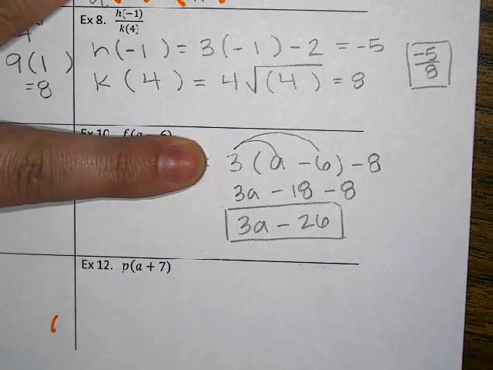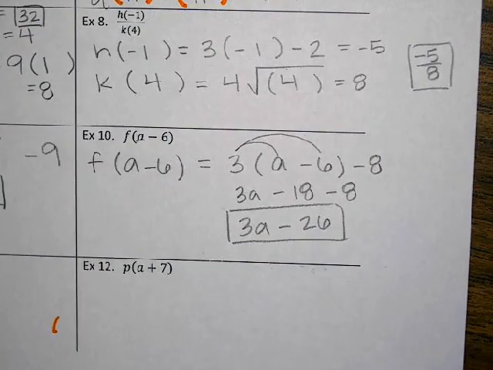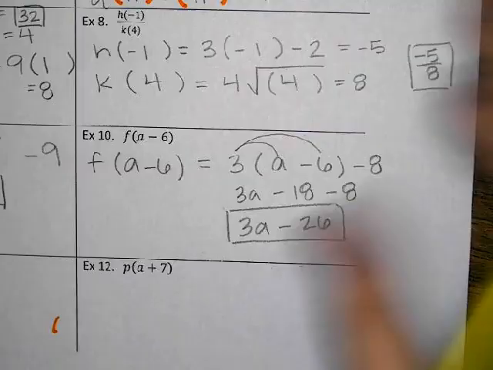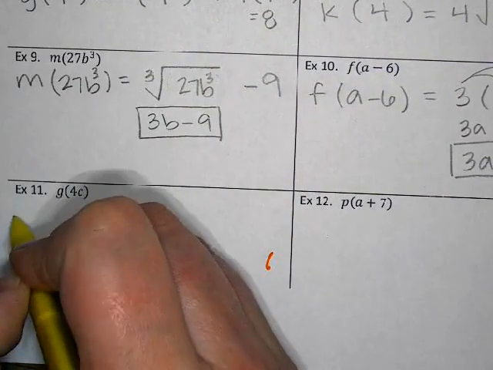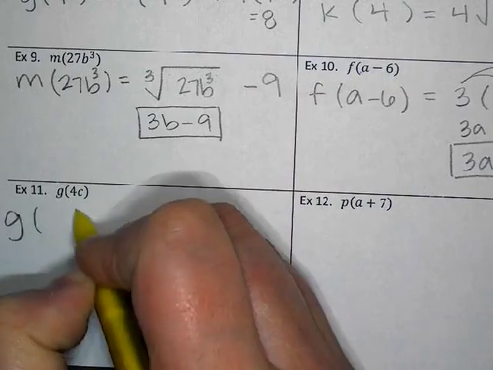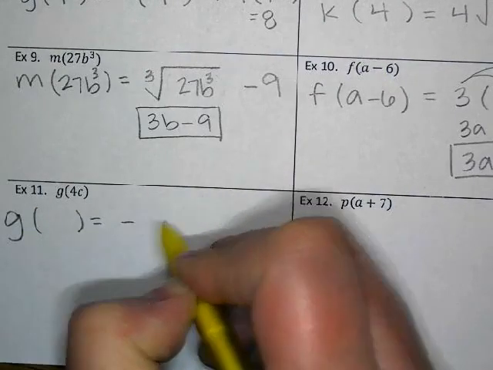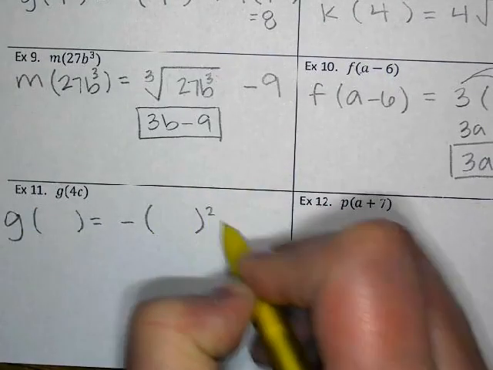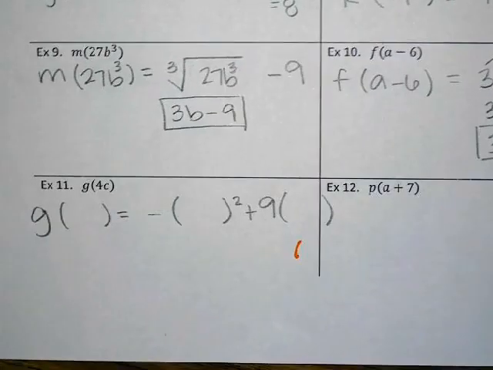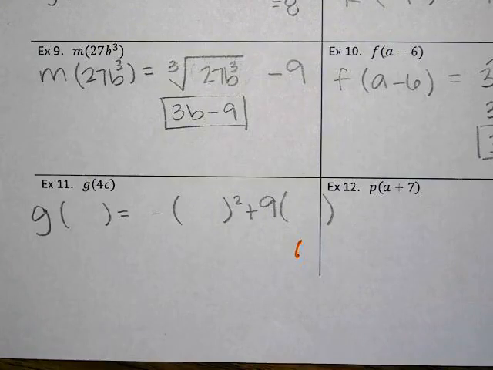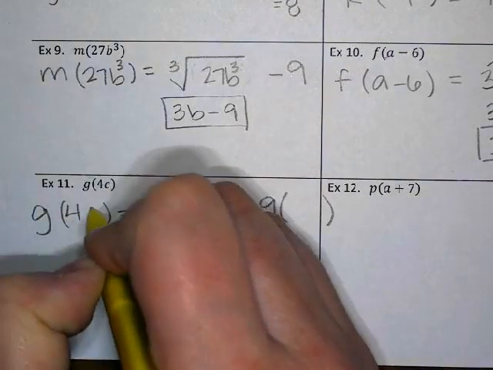Okay. Next one, we have g. So g of x is negative x squared plus 9 times x. And the thing that we're plugging in for x is 4c.